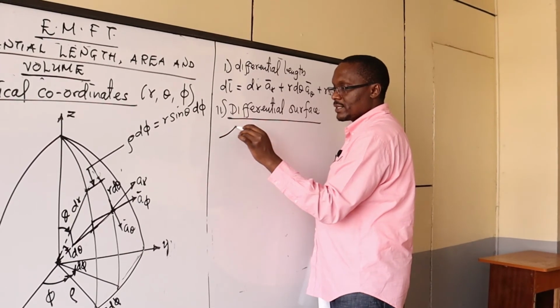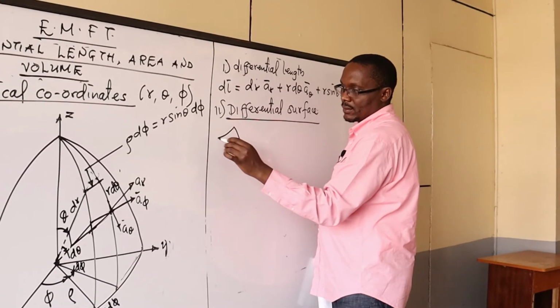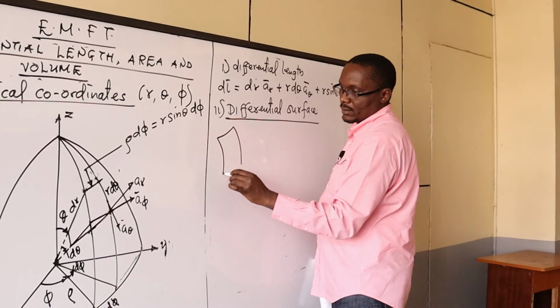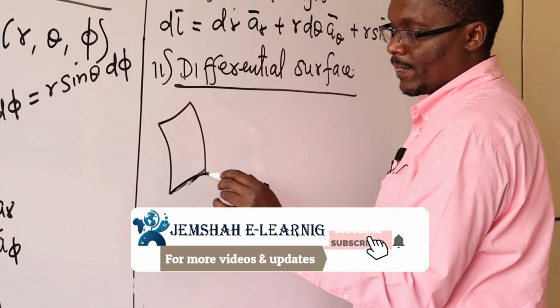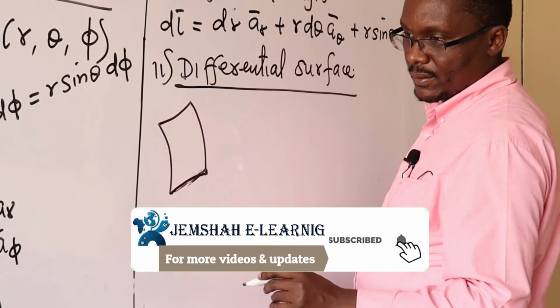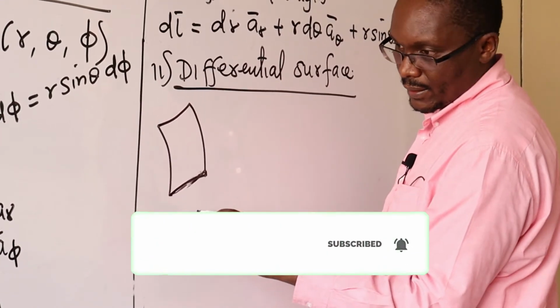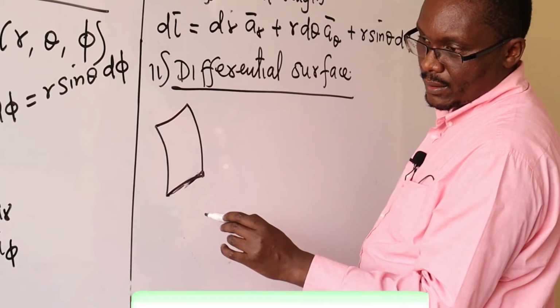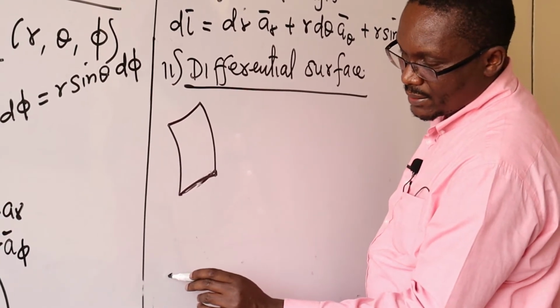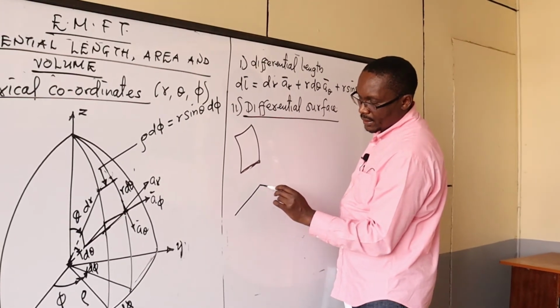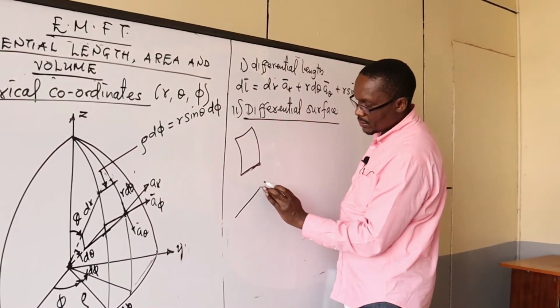This is our surface there. The first surface, we have that. I have another one. In the a theta direction, we have the base, which I'll equally try to draw.